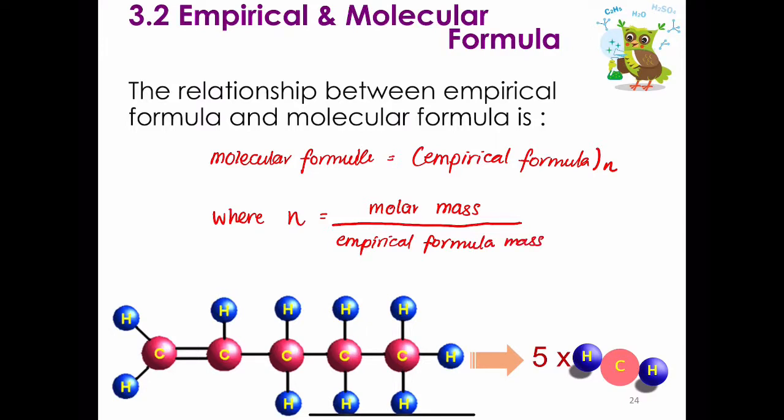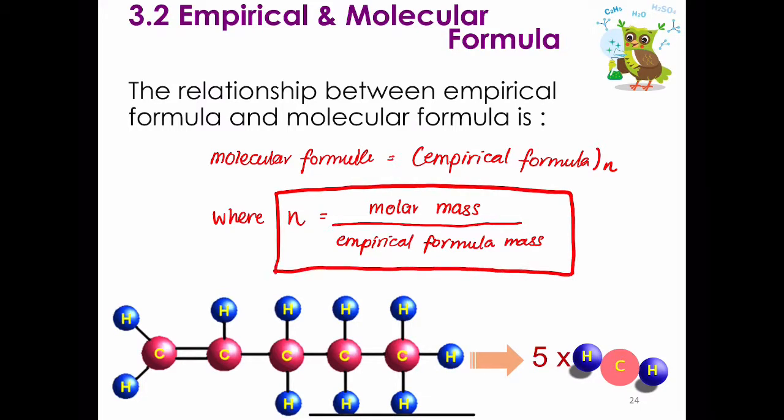So nanti dah dapat value n ni, nanti kita akan boleh cari molecular formula. So nanti bila kita go through example, kamu akan lagi faham macam mana nak guna formula dekat sini. Okay, so let's go straight away to the example. Kita pergi kepada yang first dahulu.